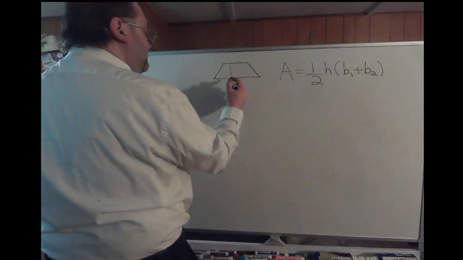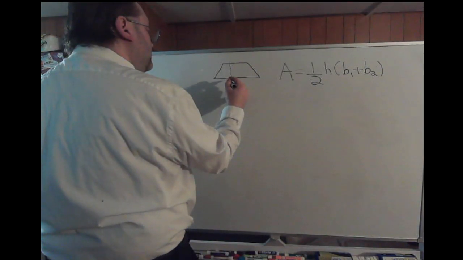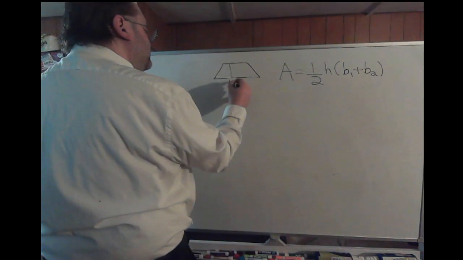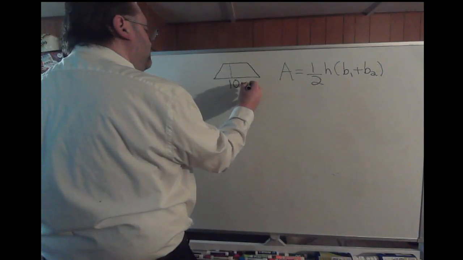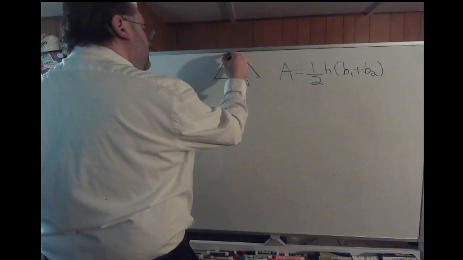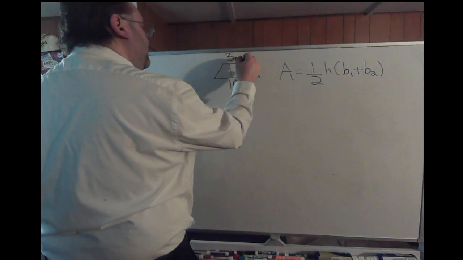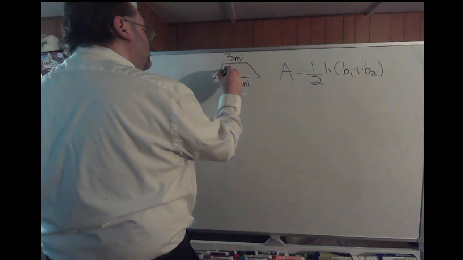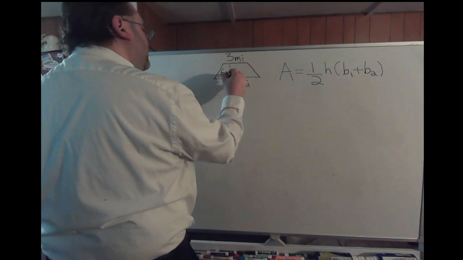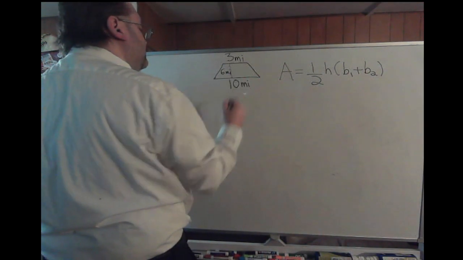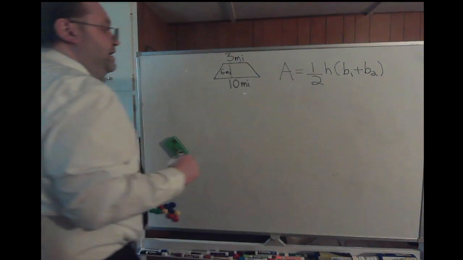Alright, let's say we got 10 miles for the bottom base, 3 miles for the top base, and then 6 miles for the height. 6 miles for the height, okay?